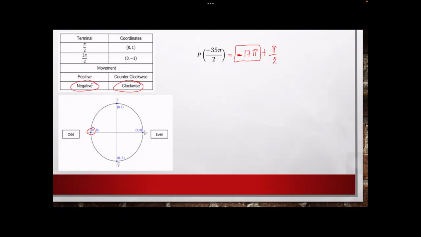Pataas po. Okay, pataas, since kasi siya ay clockwise. So, therefore, our answer will be 0 and 1. Okay? Next, try to answer this. Negative 53 pi over 2.